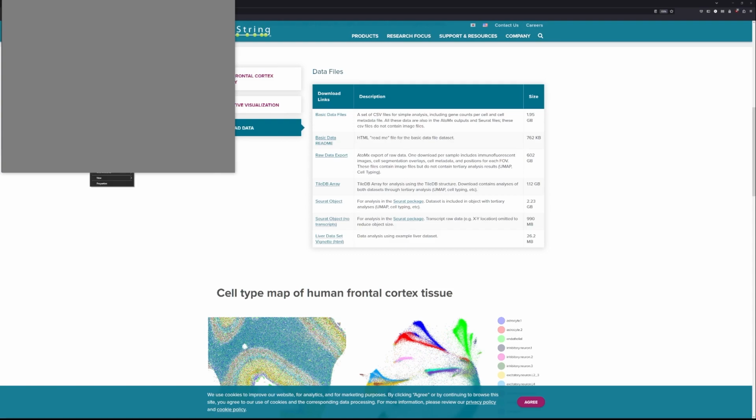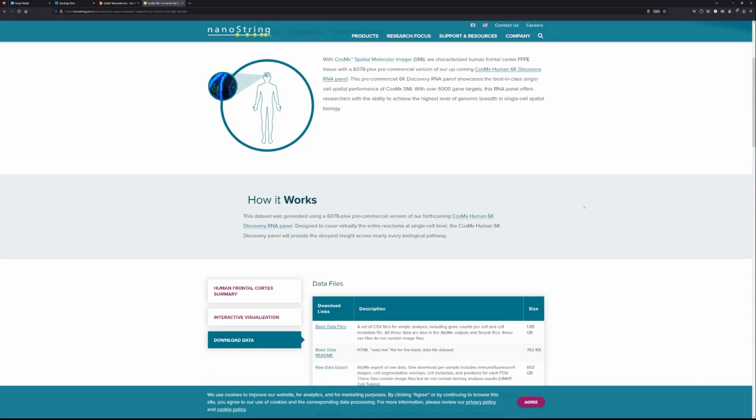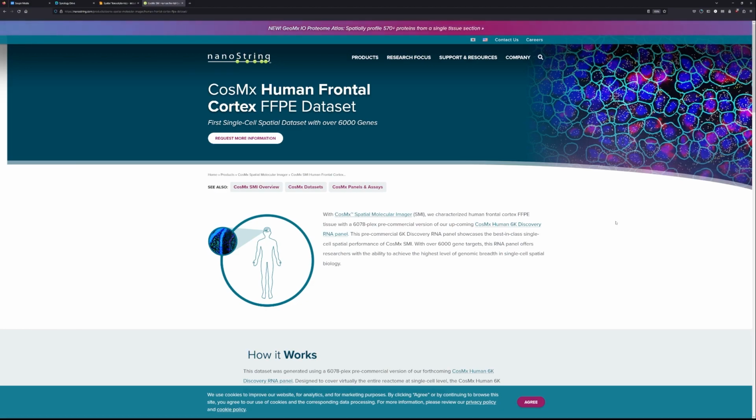Let's go here, create a new folder, CosMx, and we'll download it here. I'll allow that download. It's going to take a while to download, but what we'll be able to do is import this into R, use the Seurat package along with some other functions and the InSituType package to annotate our cells and analyze some spatial transcriptomic data.